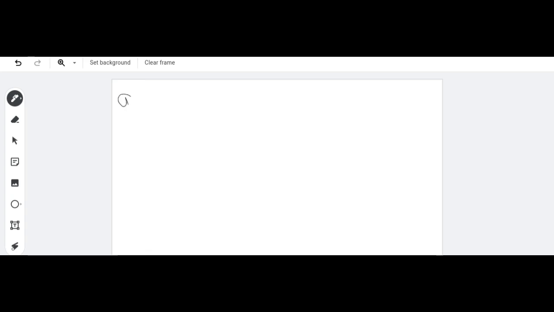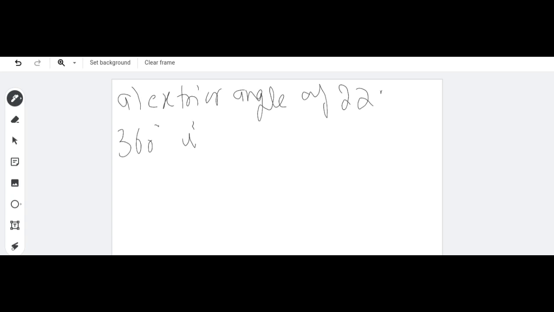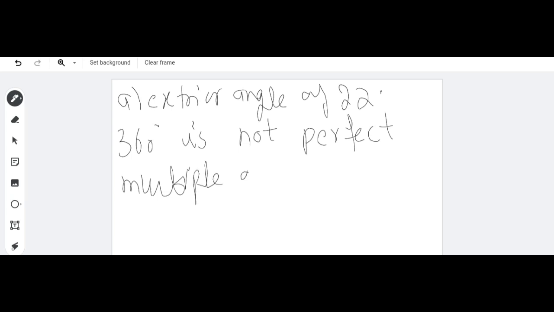So for the exterior angle of 22, in the first part, 360 is not a perfect multiple of 22.